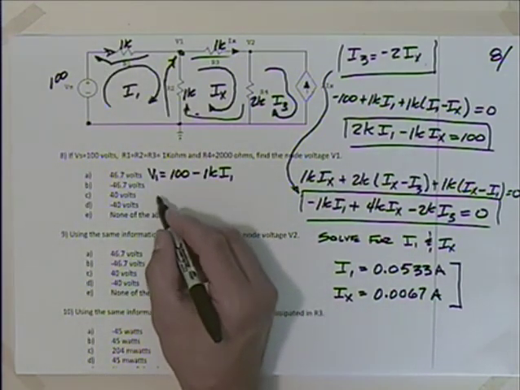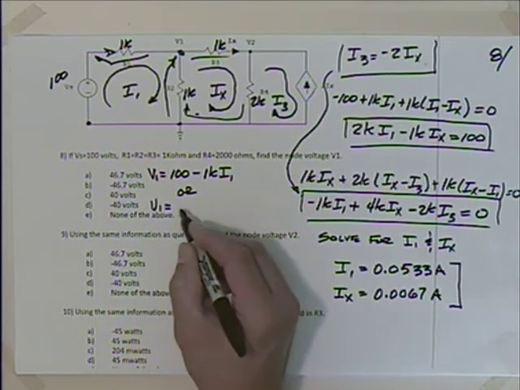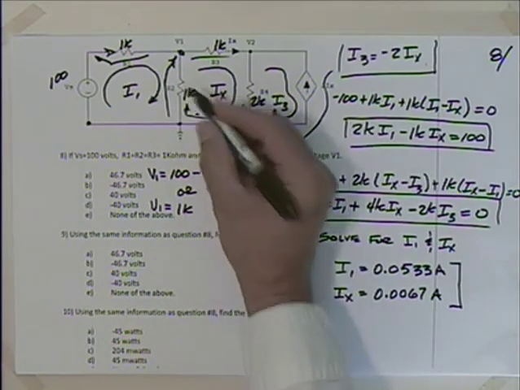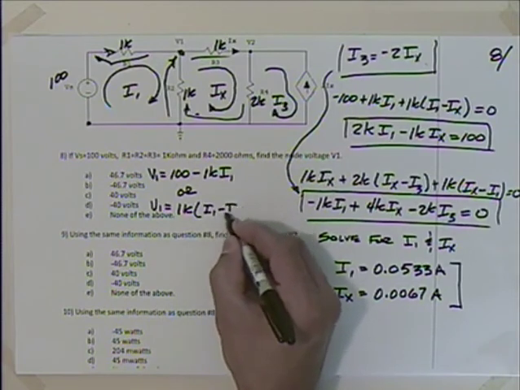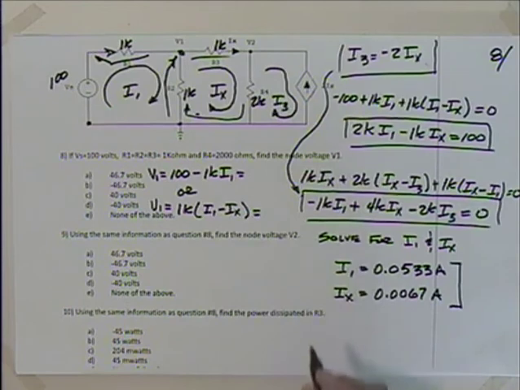Or if you wanted to, you could say that V1 is equal to 1K times I1 minus IX. Either one of those should get you the correct answer.